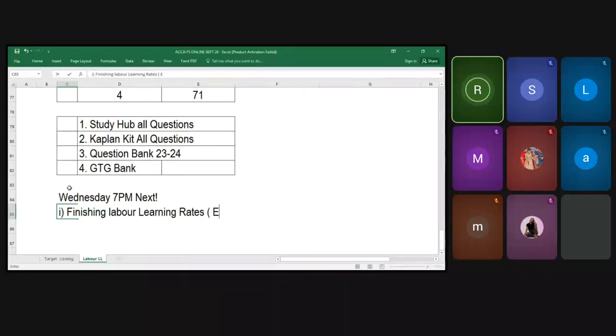We want to look at the equation approach. That's in terms of finding the learning rate, we are done. We want to find now time taken to produce a certain unit. After that, we would want to quickly jump over and look at ABC costing.